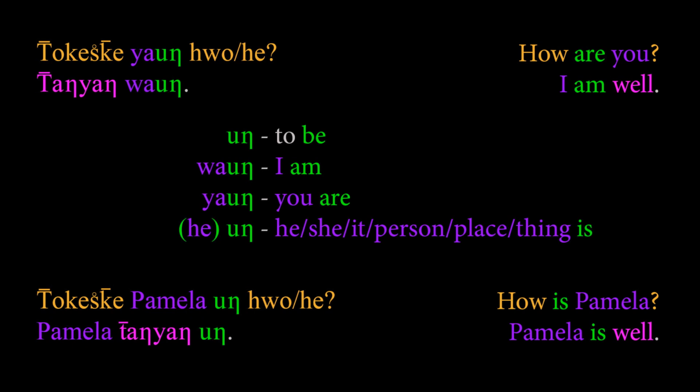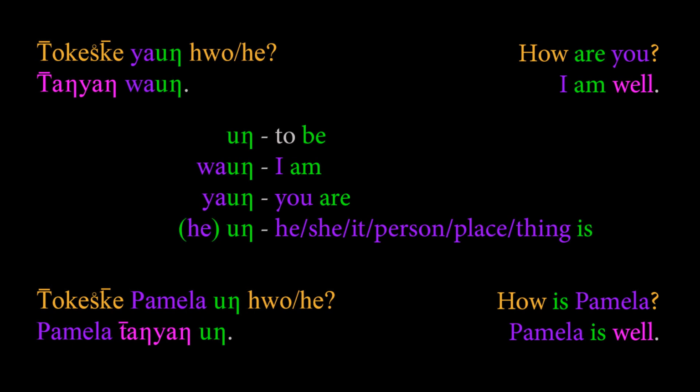So you look at this and you see that in the middle 2, wa-u and ya-u, the words in Lakota are just 1 word. Wa-u, I am. Wa-u is 1 word. The next one, ya-u, which means you are. And again, in Lakota, it's 1 word. Ya-u, 1 word. Very important to know. That's why I'm repeating it.